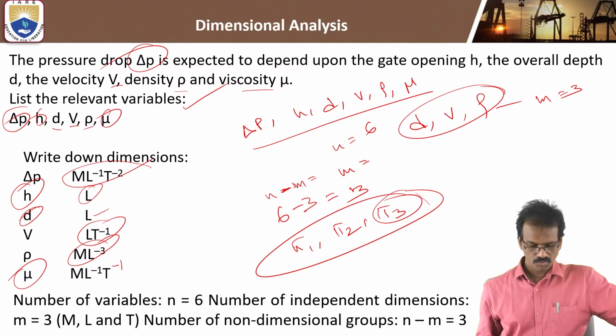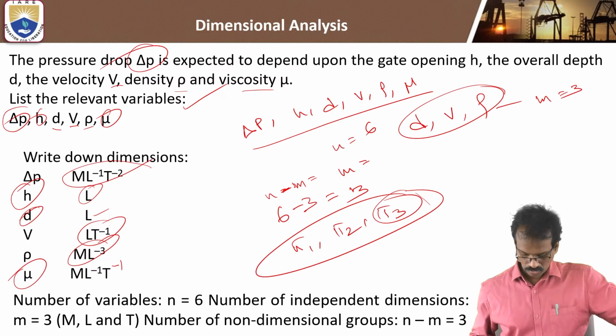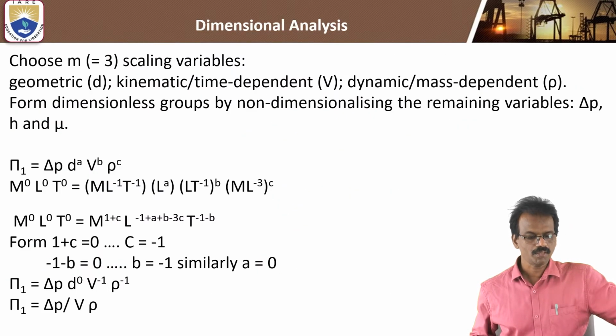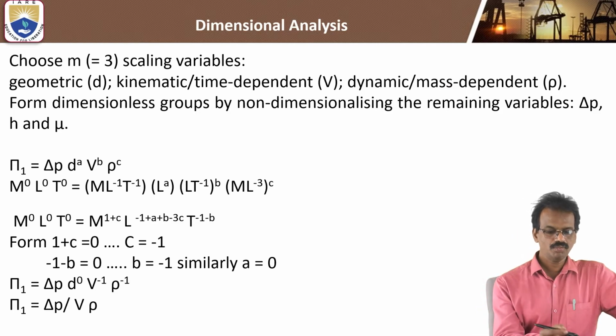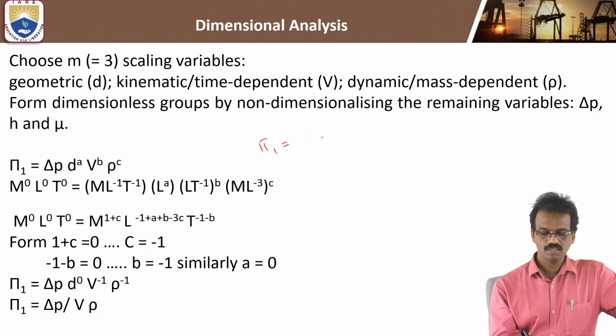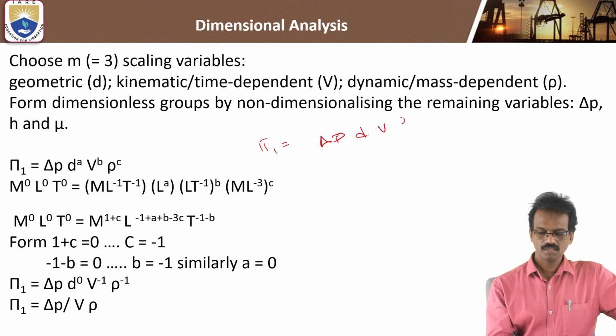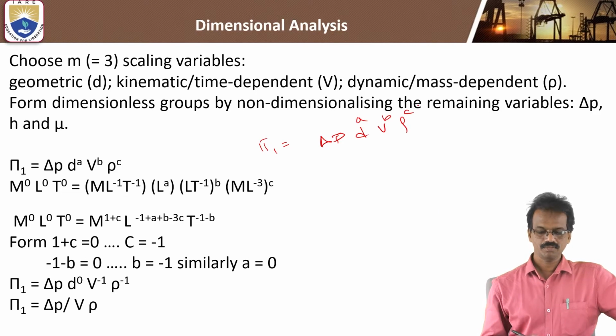By using this you can solve this numerical. You know that m is equal to 3. Pi 1 term, first one is delta p, the variable, times diameter to the power of a, velocity to the power of b, and density to the power of c. So parameter pi 1.